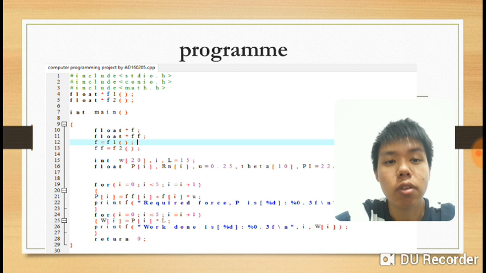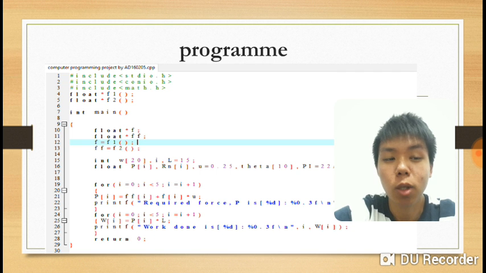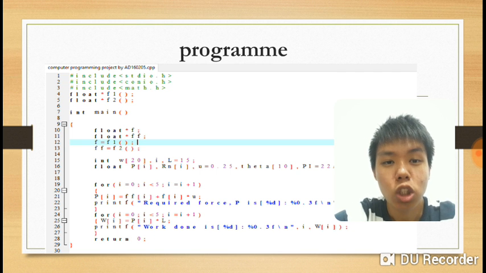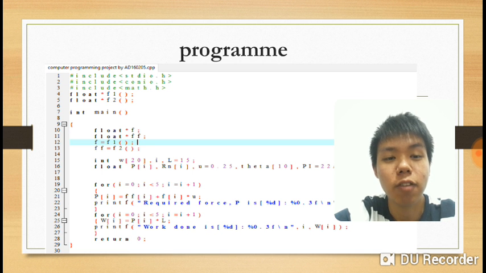Okay, so this is my program. In the program, I have two functions, which I wrote as float star f1 and float star f2. Float star f1 represents function 1, and float star f2 represents function 2.